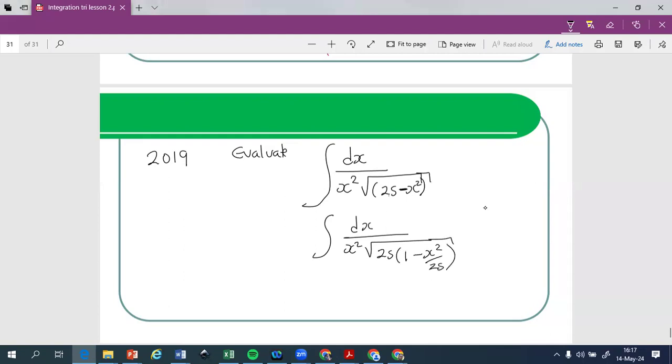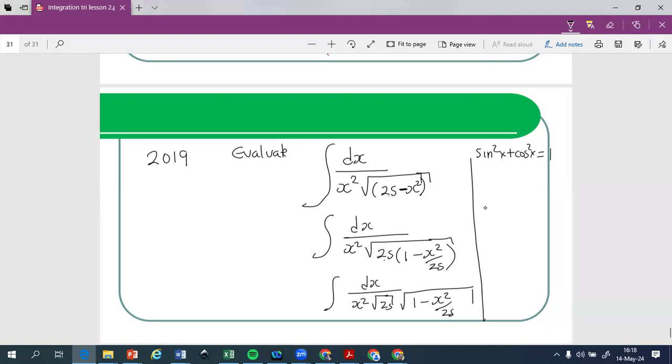So once you do that, you'll have the integral of the x out of x squared. Now here, since I'm multiplying two numbers, I can take the square root of 25 separately, and also I have 1 minus x squared out of 25. So now for this case, instead of letting 1 plus tan, we use sine squared x plus cos squared x equals 1.